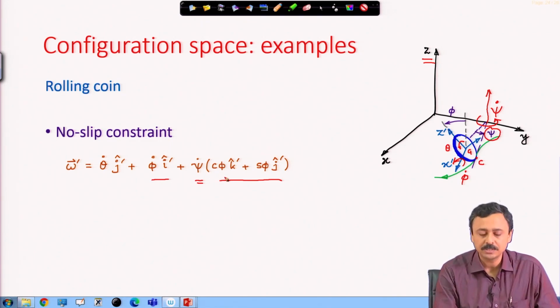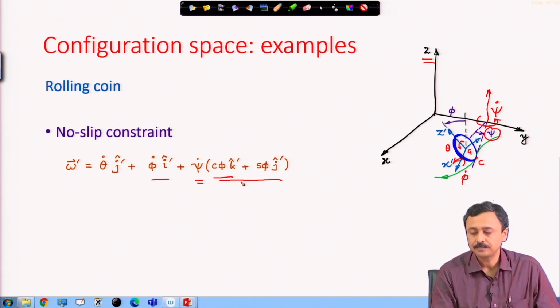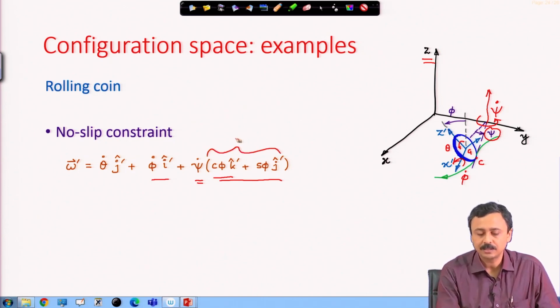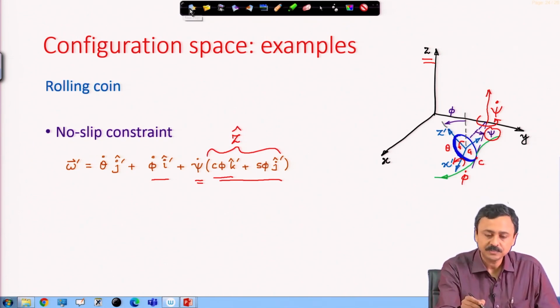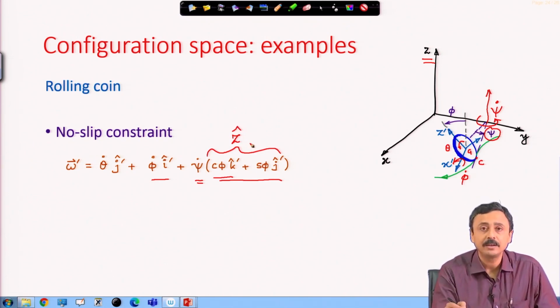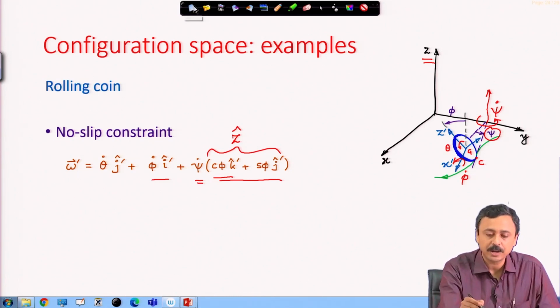It is very simple to represent: cosine phi k cap plus sin phi j cap, because remember this is nothing but z cap. So, this is the representation of z cap in x prime, y prime, z prime.